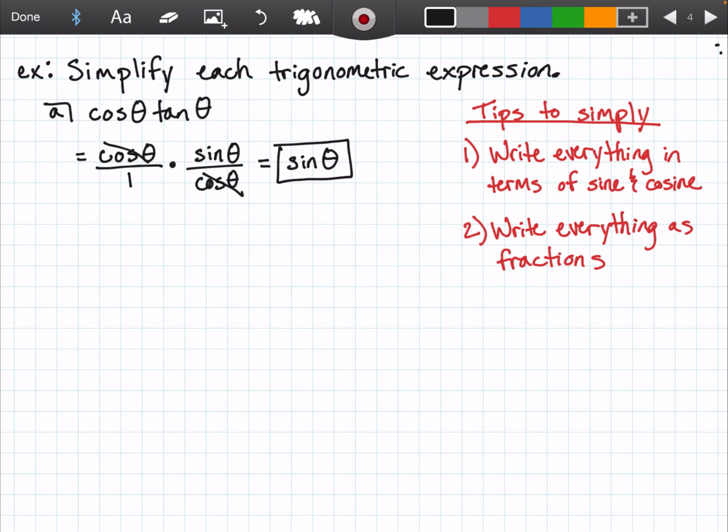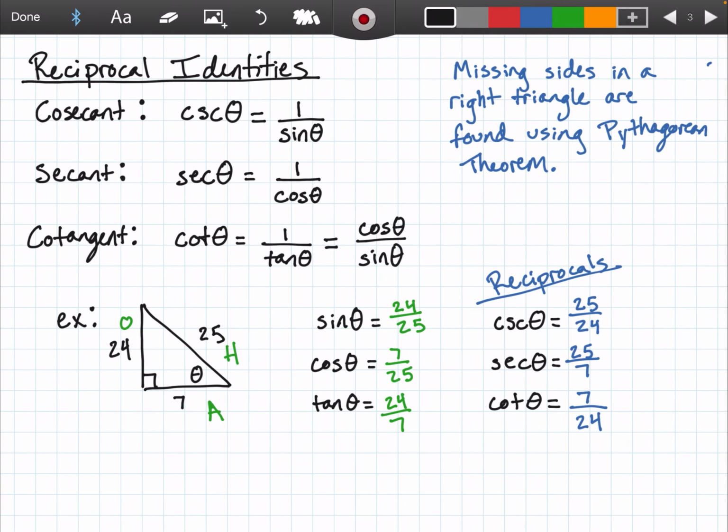I could do another example of this. Let's do cotangent of theta times secant of theta. All right, these are my nice reciprocal identities coming in. And I'm going to start with cotangent. I'm going to go back to the previous slide for this.